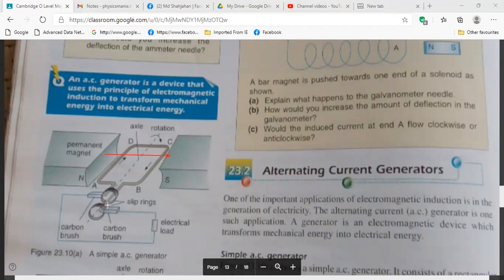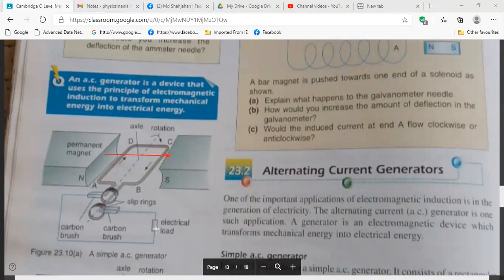Now the slip rings are connected to the electrical load. That means by this rotation or movement of the coil, you will have induced EMF, and that induced EMF will produce induced current, and that current will go through this electrical load. Is it clear?